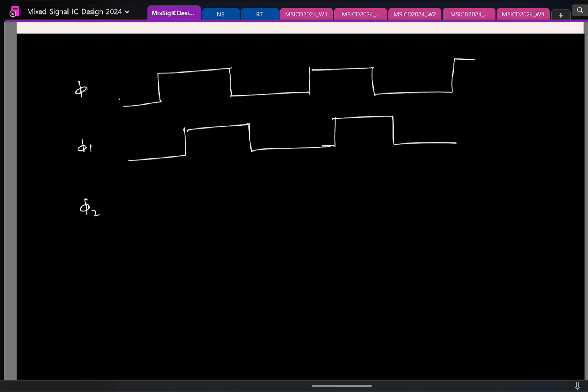Phi 2 should go high only after this goes low. Basically, the falling edge of this triggers the rising edge here. So let us say my input clock is phi, and I have to generate phi 1 and phi 2.